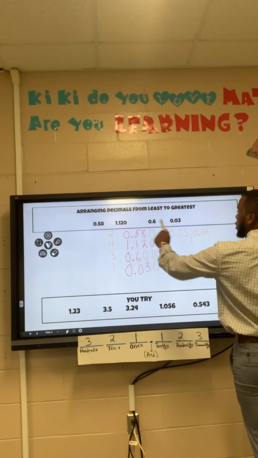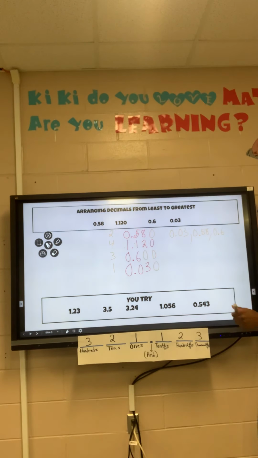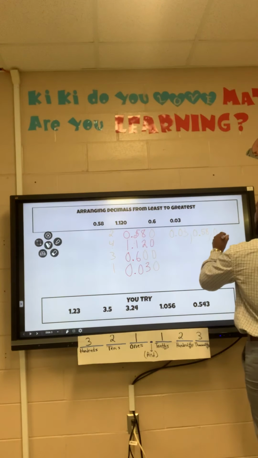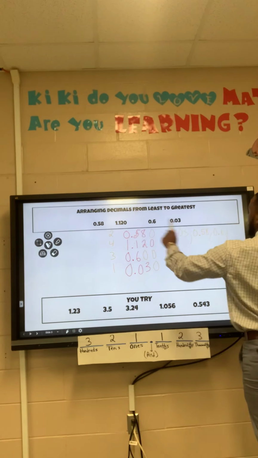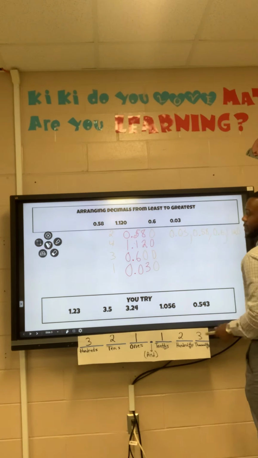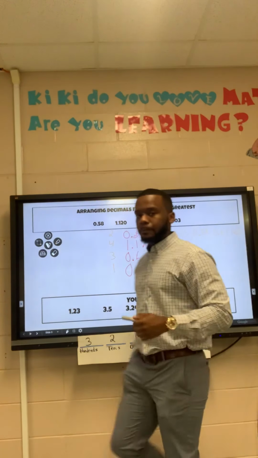The third one was 0 and 6 tenths. And finally, the greatest value is 1 and 120 thousandths, or if you like to say 1 and 12 hundredths, that also works.